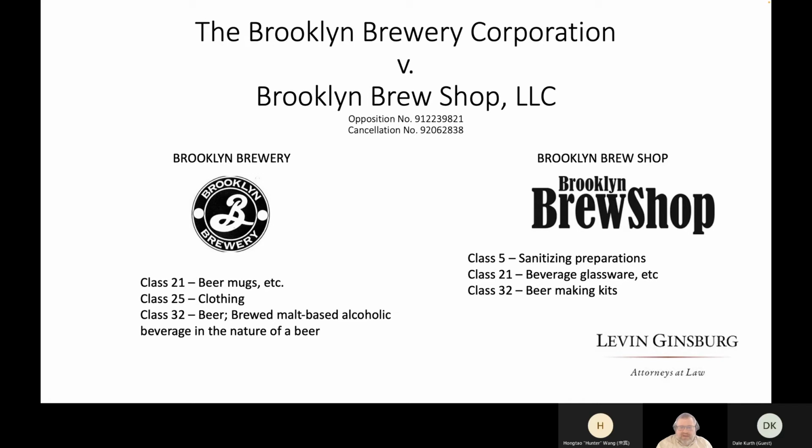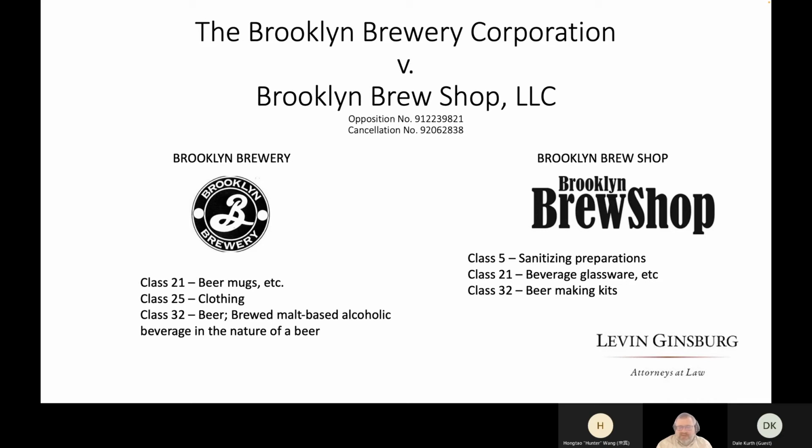And brewery is the generic term for the particular function, making the beer. And similarly, brew shop is more suggestive, but it involves brew, and they would certainly be descriptive of the function of these beer making kits.